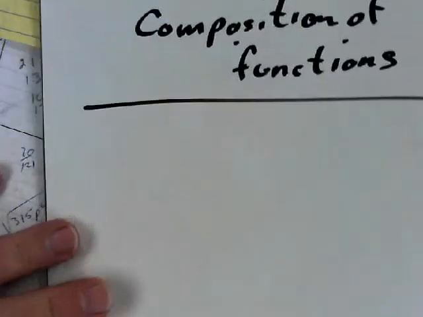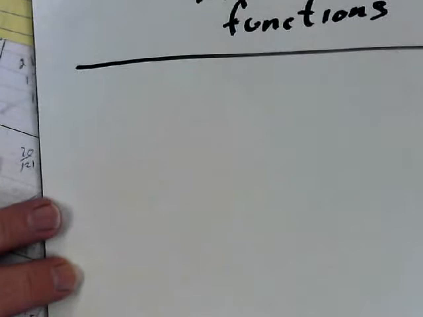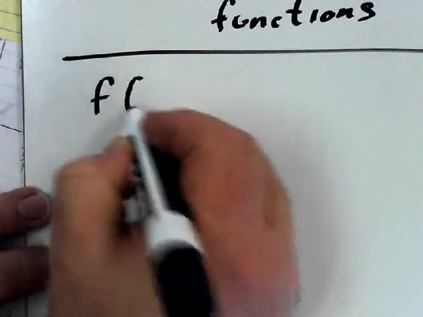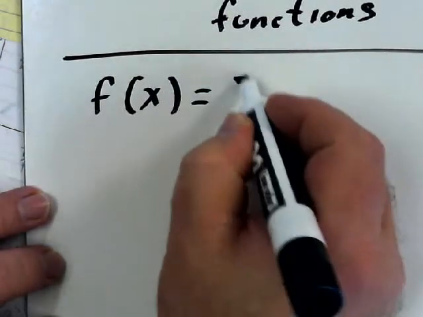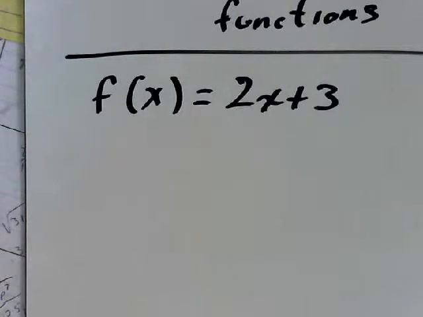We have already talked previously, earlier this year, what the designation of a functional notation was, and that functional notation looks something like this. Remember working with f of x's and g of x's and so forth at that time?